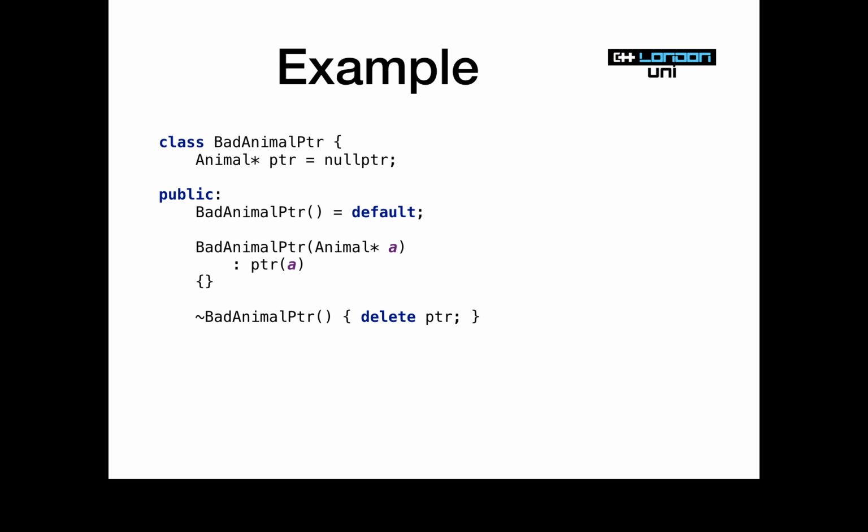There's a default constructor, there's a constructor taking Animal, and there's a destructor. There's no copy constructor there. So what happens if we don't write our own copy constructor? If we haven't written any constructors, then it's automatically made.